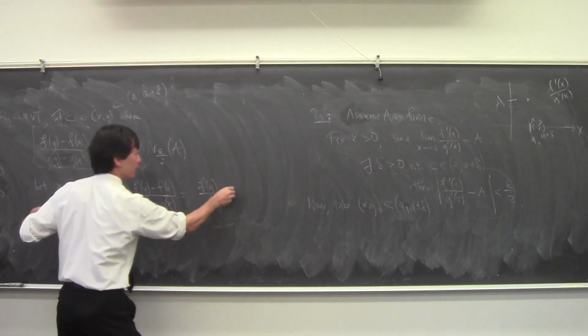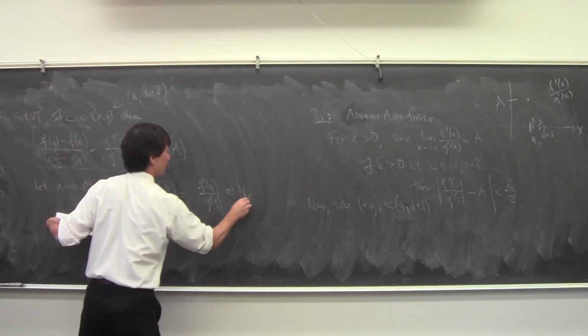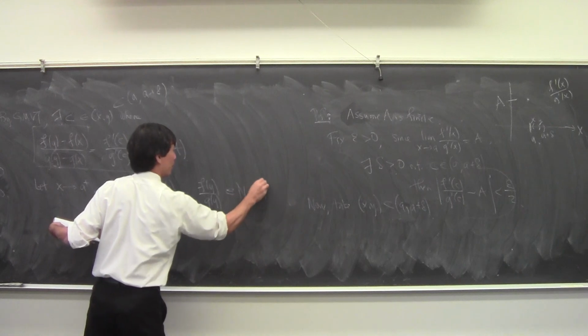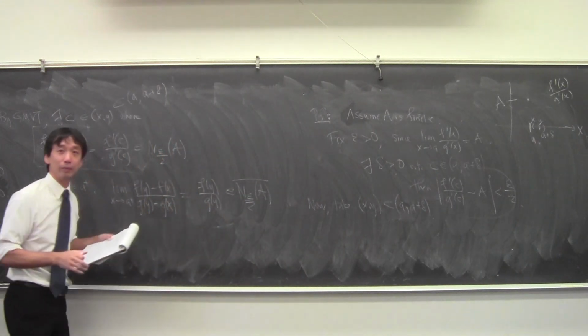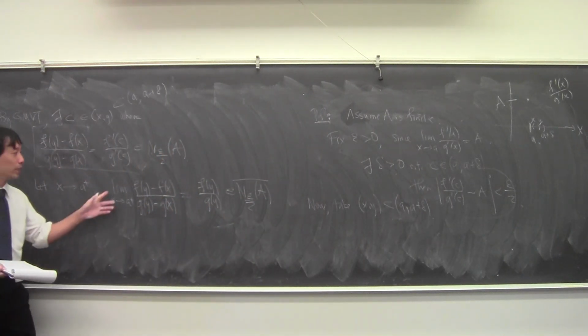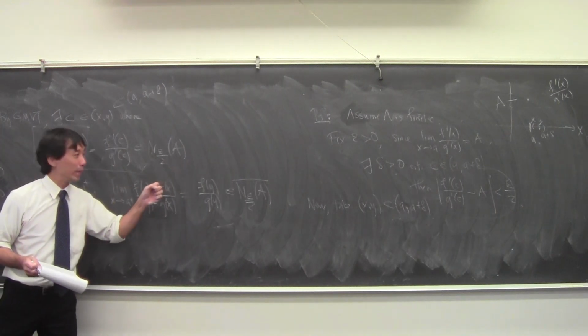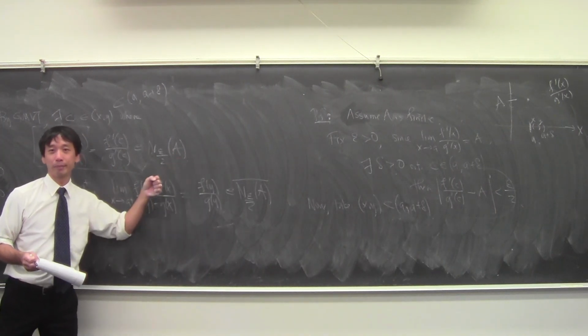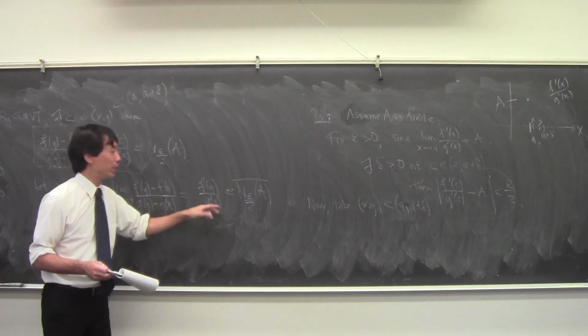So that tells you that this thing stays within the epsilon over 2 neighborhood of a, and maybe we have to close it. Okay, because when you take the limit, you might end up tending towards the boundary. So we might have to close it. But in any case, this is all right.